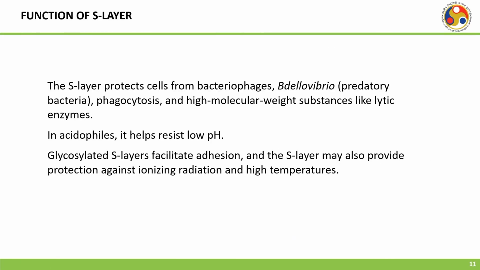What are the functions of the S layer? The S layer protects cells from bacteriophages, then Bdellovibrio, which are basically predatory bacteria which eat other bacteria, and then phagocytosis and high molecular weight substances like lytic enzymes.